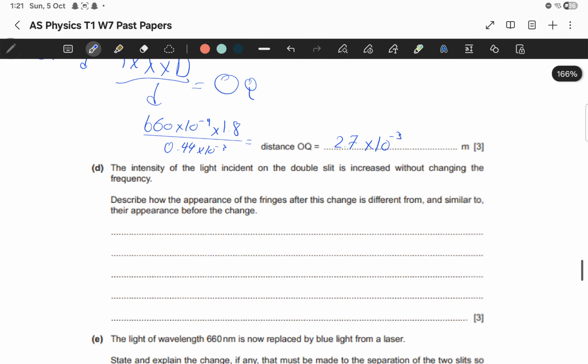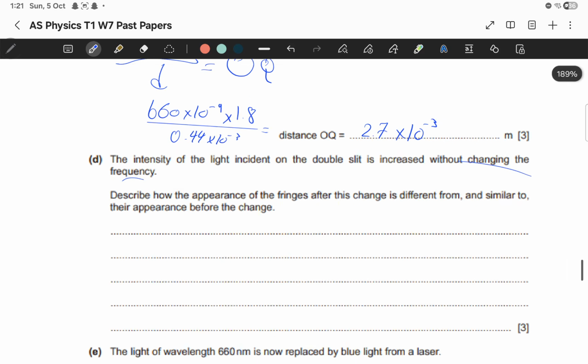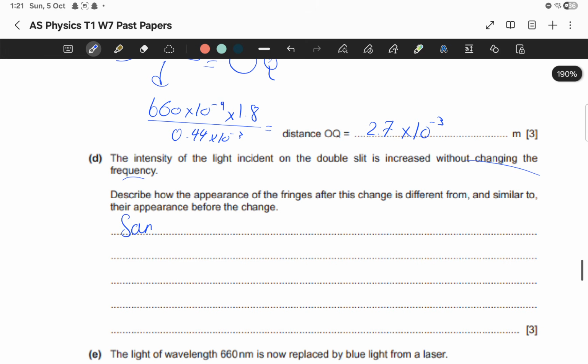Now, the intensity of the light incident on the double slit is increased without changing the frequency. Without changing the frequency, that means nothing changed relative to the position. The position will stay the same. So we're going to write: same separation between the slits.